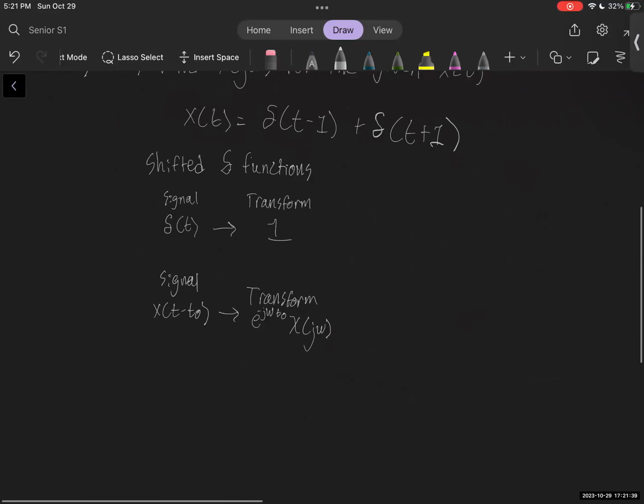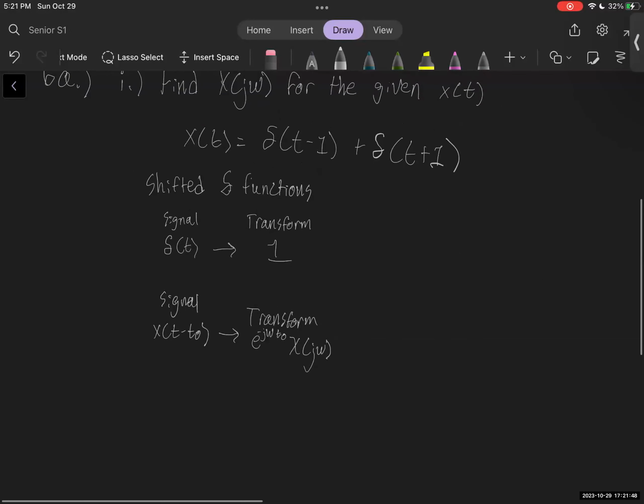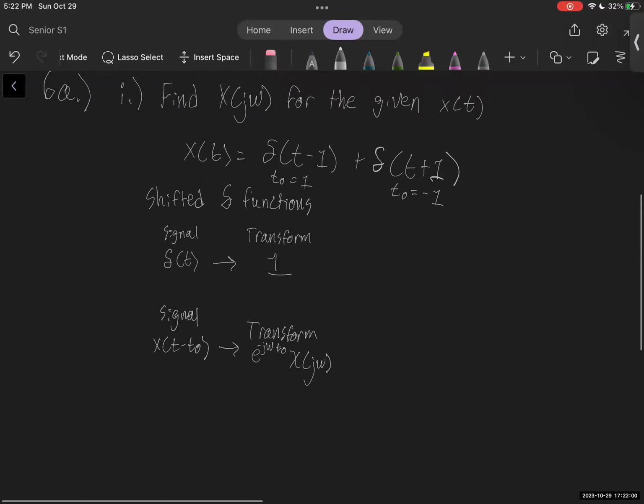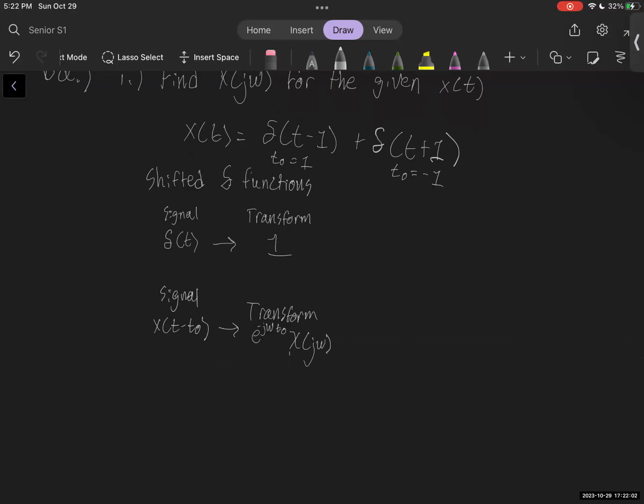Now we can combine these two by looking at our t naught values. For the first section of this, our t naught is equal to 1. And for the second section, our t naught is equal to -1. And then we know that our X of j omega for these is just equal to 1.